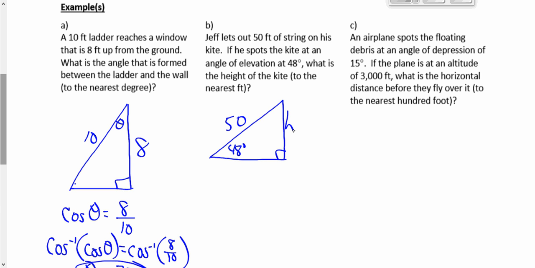Okay. So it'll be by your setup, right? Anybody want to give me the equation we're going to use? Sine 48 degrees equals h over 50. It's pretty easy to solve, isn't it?